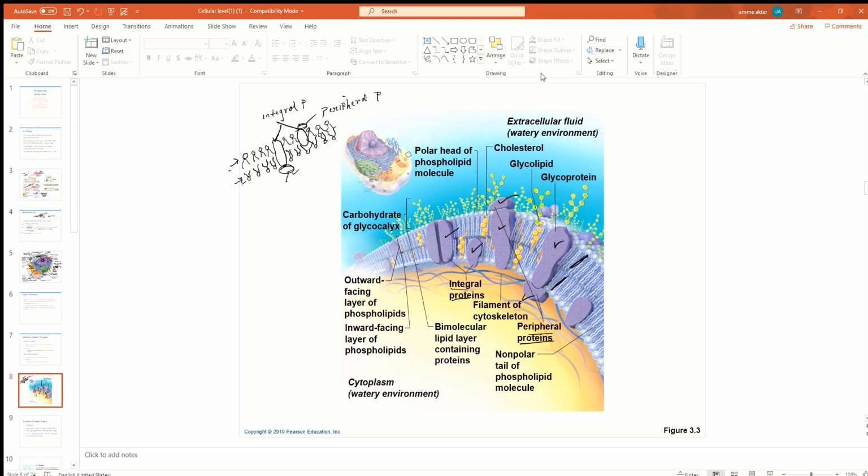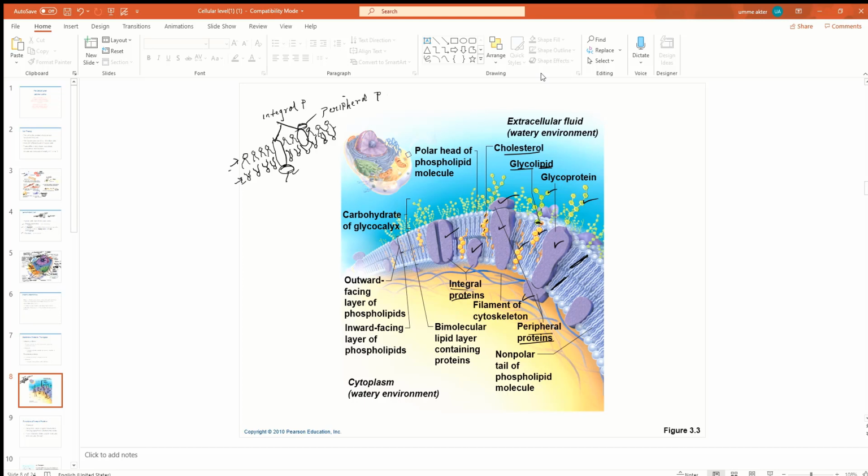Now also in the cell membrane you see cholesterols and glycolipids. These yellow or orange structures are cholesterols, and these are glucose. Sometimes glucose and cholesterol are attached, so this whole structure is called a glycolipid.